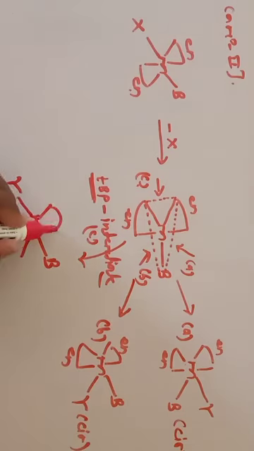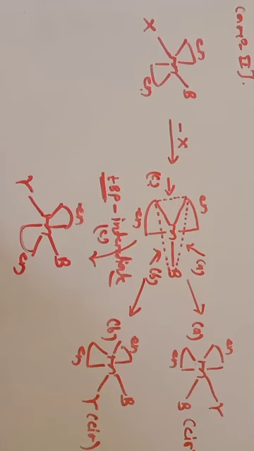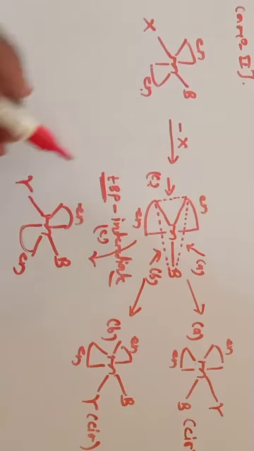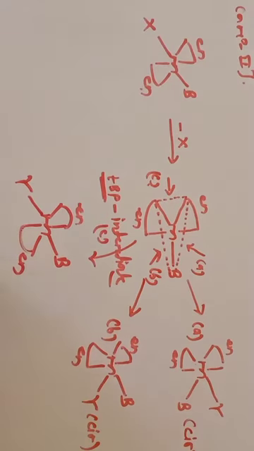So this is your en, this is your en, this is your en. If you consider this complex, when the incoming nucleophile attacks from this side of the triangle, we get a complex in which the B and Y ligands are trans to each other. So this species is considered a trans configuration.